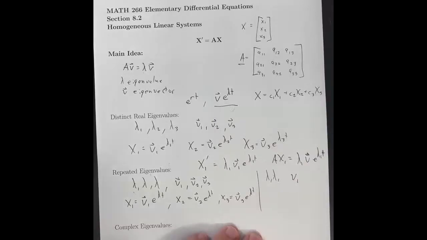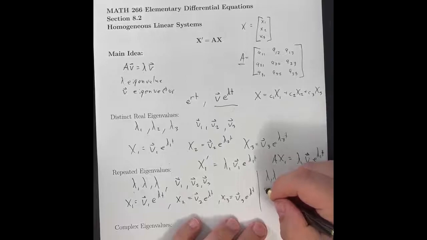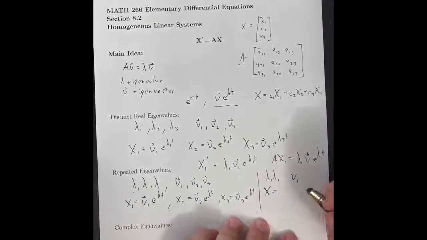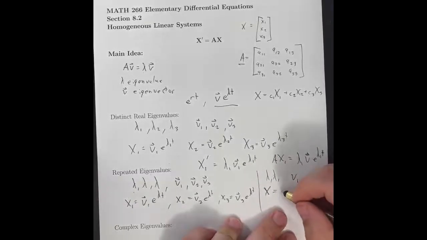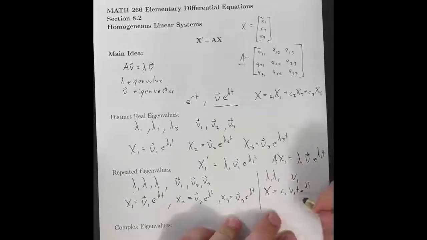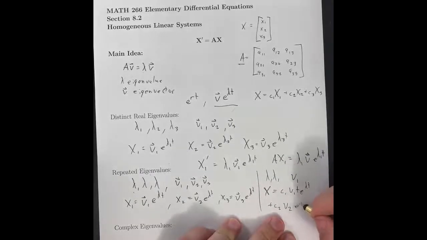In this case, the solution is given by something different, very similar to what we did in the constant coefficient case. We have a constant times v1 t e to the lambda t plus another constant times a second vector v2 e to the lambda t.